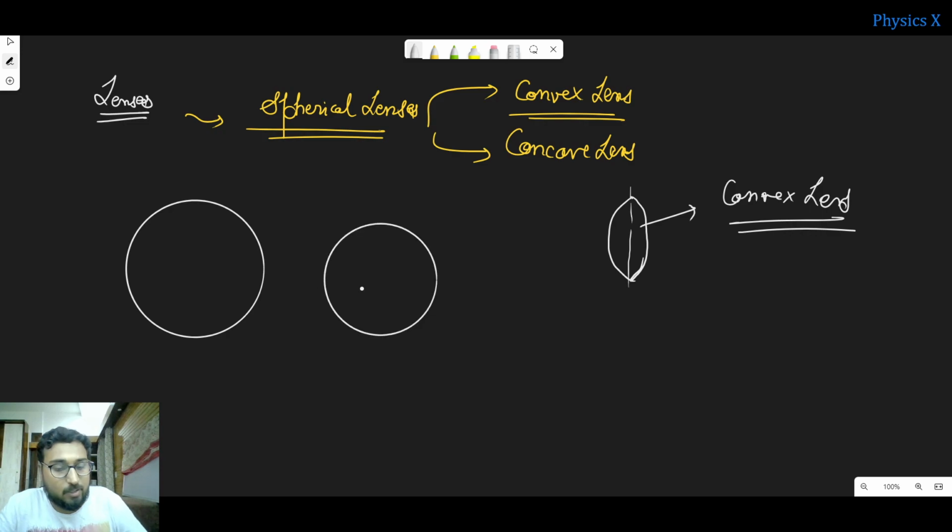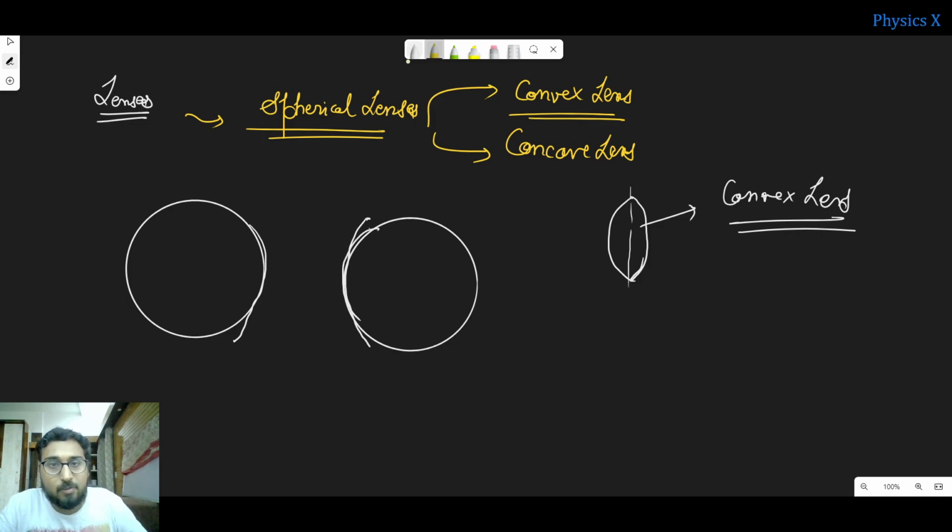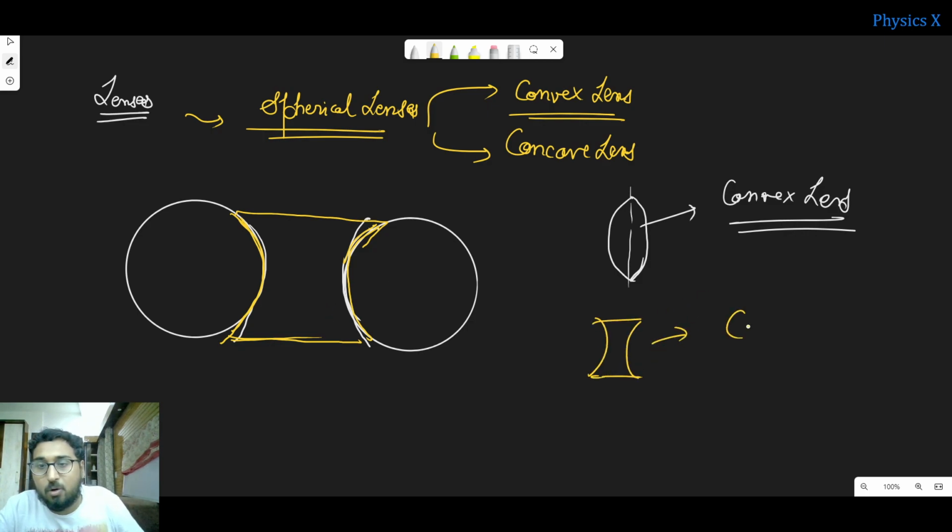So this part, one from this spherical surface, another from this spherical surface, and we have glass in between. One curvature is cut out from this, one curvature is cut out from this, like this. So this is nothing but your concave lens. So this is thinner at the middle.